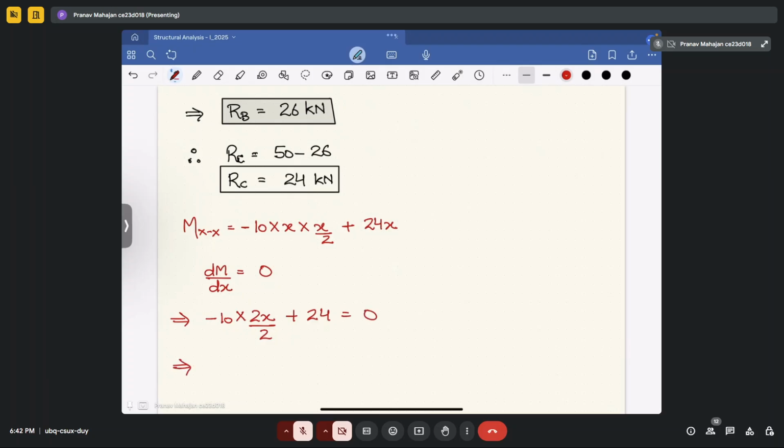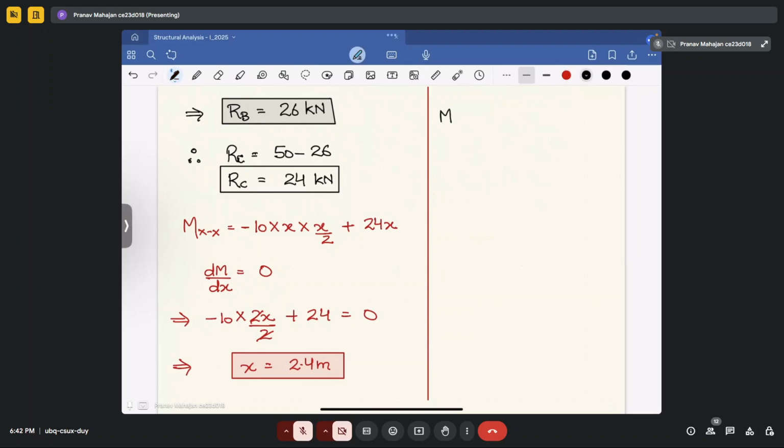So from here you can find out the value of x, that will come out to be 2.4 meter. Okay, so that means at x is equal to 2.4, your bending moment will be either positive or negative. Okay, so let's find the value of bending moment at point xx.